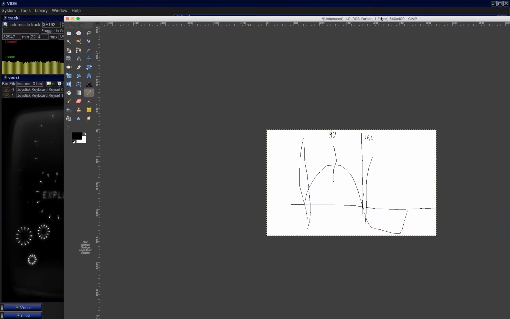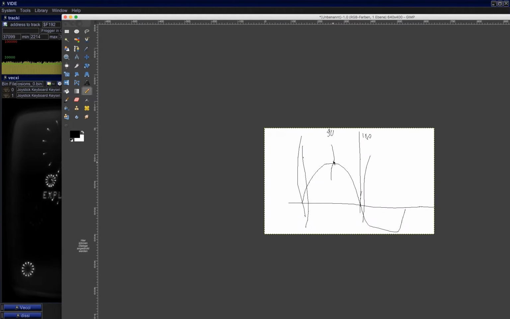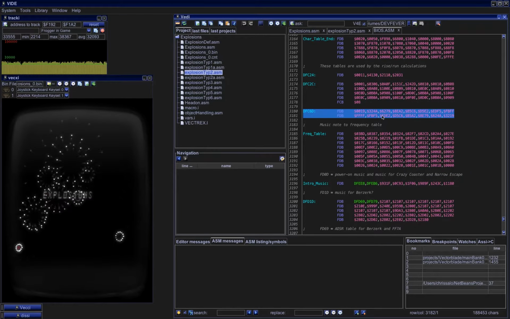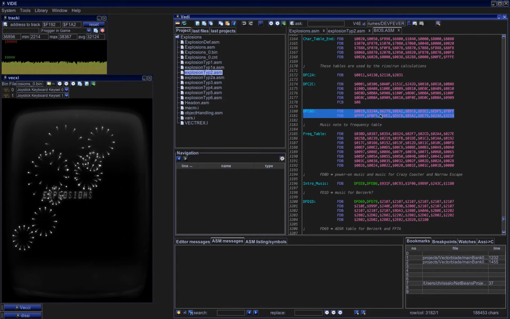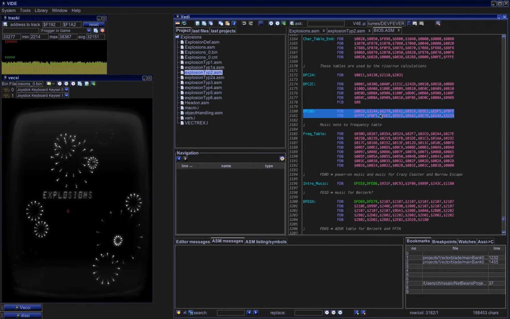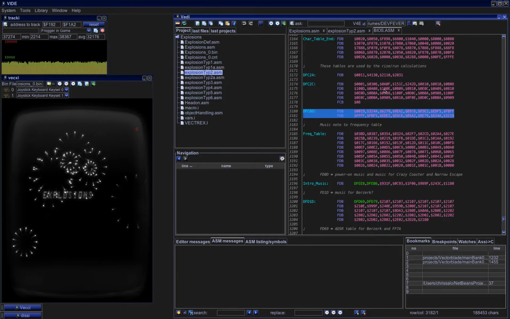Then you have the cosine. So by swapping 90 degrees, 180 degrees, and negating the values, with this little data you get all sine and cosine values that you can imagine.